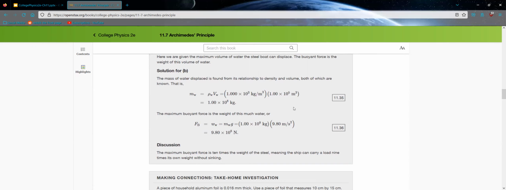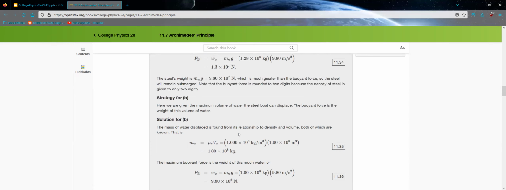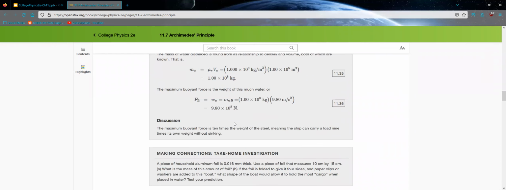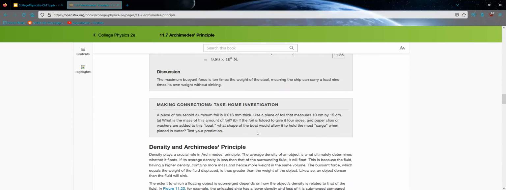There's more up arrows, right? 9.8 times 10 to the 8th buoyant force for a ship against the 9.8 times 10 to the 7th weight of the steel it takes to produce it. So you have an entire order of magnitude more buoyant force, a lot more arrows pushing up because there's a lot more water with upward force that the boat is touching. Therefore, the boat floats.